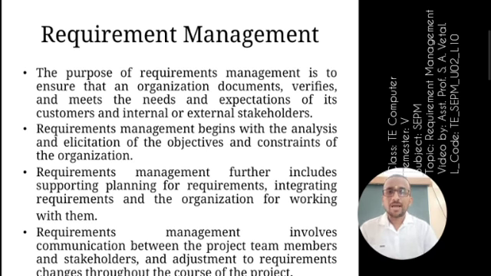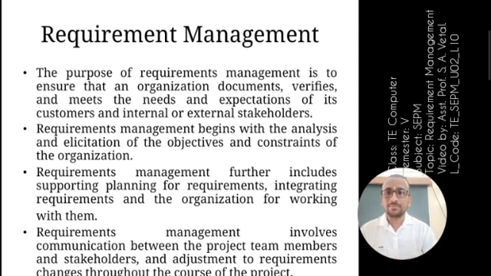Requirement management further includes supporting planning for requirements, then integrating requirements, and the organization for working with them. So after the initial analysis and elicitation of the objectives and constraints of the organization, requirement management helps us in supporting the planning for requirements, the planning that we do with respect to the requirement phase.